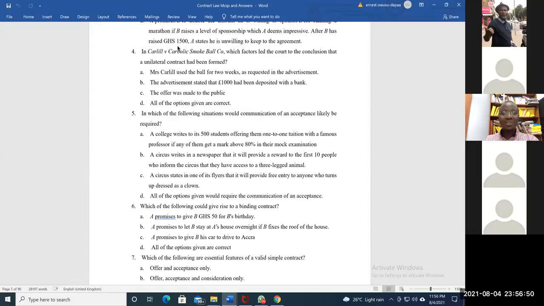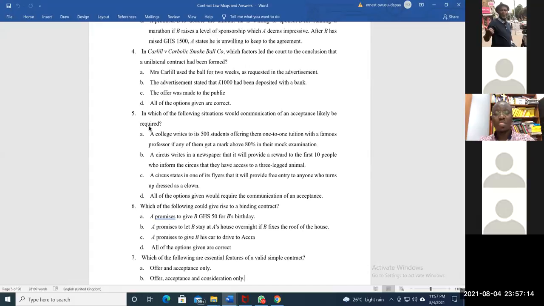Somebody also said that because I see the offer was made to the public. No, all the things stated there, if you read the case, they all played a role in the conclusion of the court. Because a number of objections were raised by the company: how can we say that we've made an offer to the world and all that?